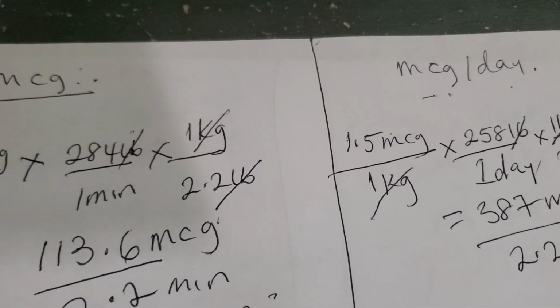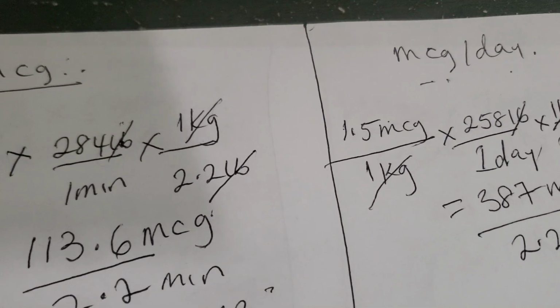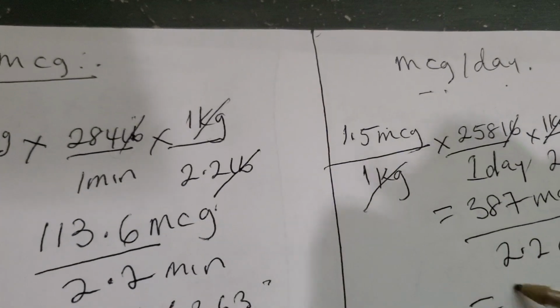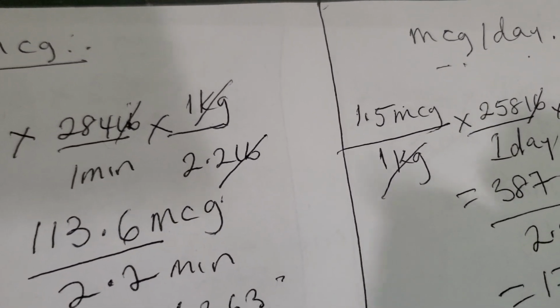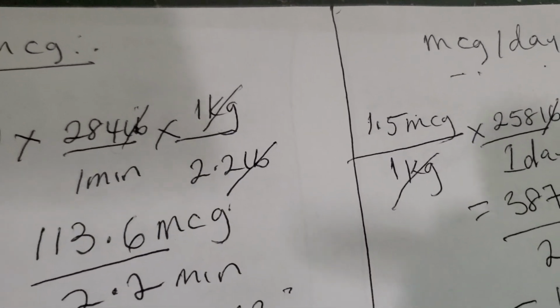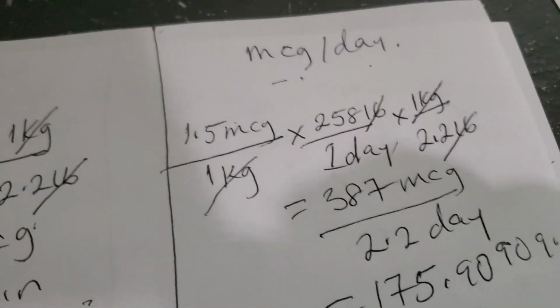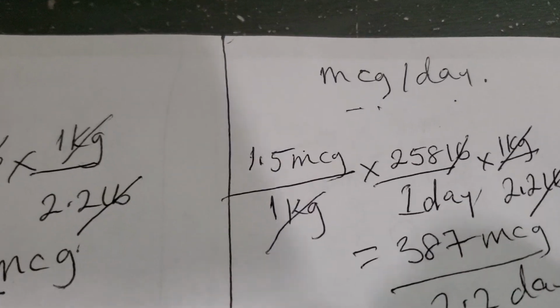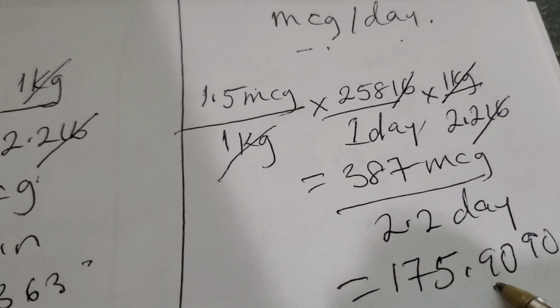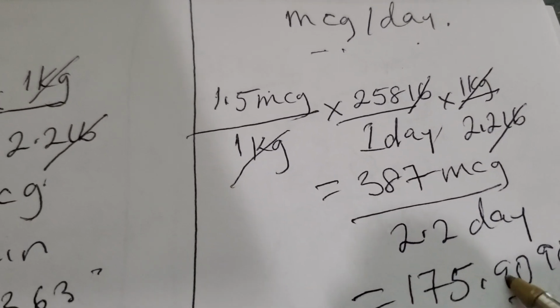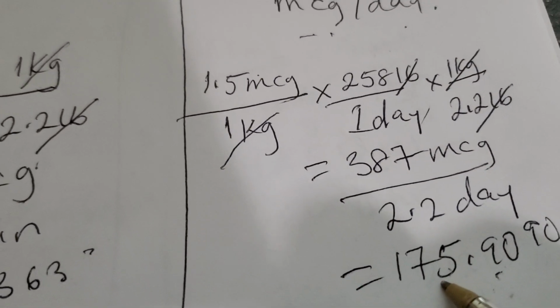387 divided by 2.2 should give us what? 175.909090, plenty of the 9s, but we want it in whole number. Because the 10th digit value is more than 5, we will add 1 to this one here.